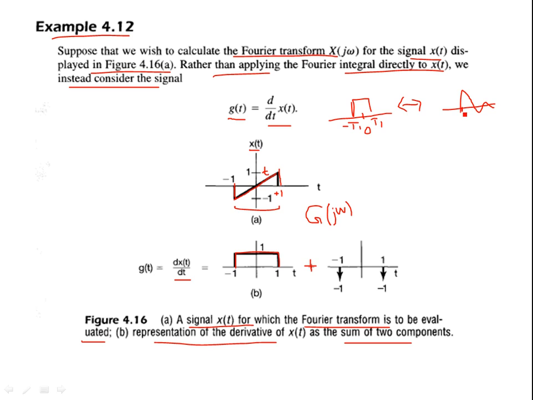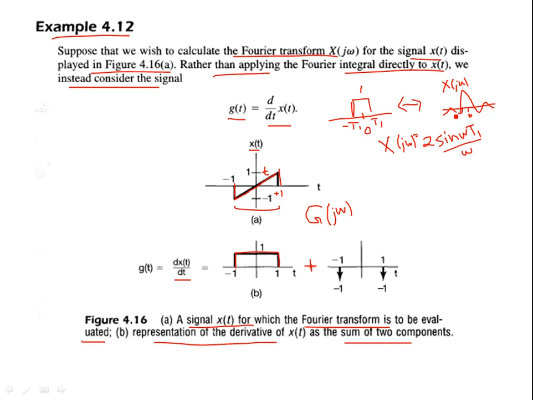The expression for such a function was, if this is x(jω), twice sine of ωt1 divided by ω, which is a sinc function.